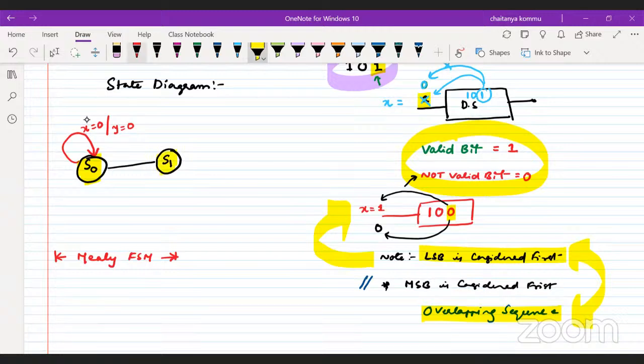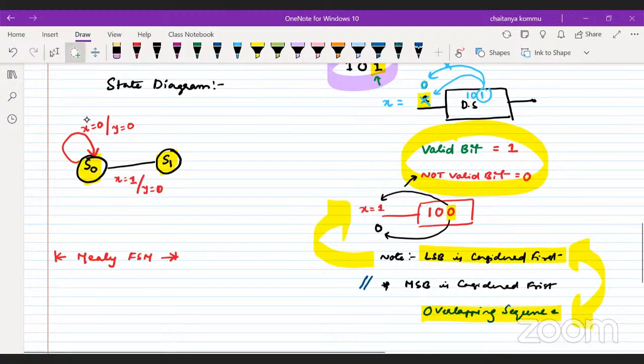When x is equal to 1, instead of logic 0, it goes to the next state. If logic 0, you are there in the same state. If it is 1, it goes to the next state because the state changes. Did we get the output logic 1? No, the output is logic 0 only because 3 bits are not completed so far. Agreed?